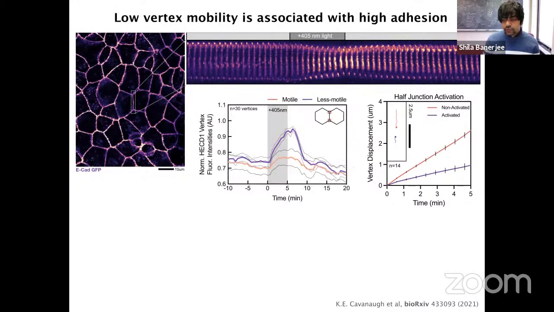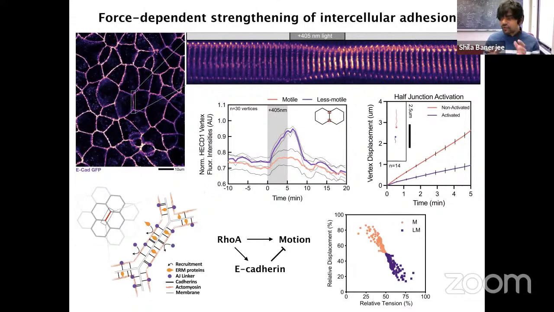And what we found, I'm going really fast over this, is that once you activate Rho, there is rapid accumulation of E-cadherin, okay? And that sort of limits motion. So there is some sort of positive feedback between Rho and E-cadherin, okay?